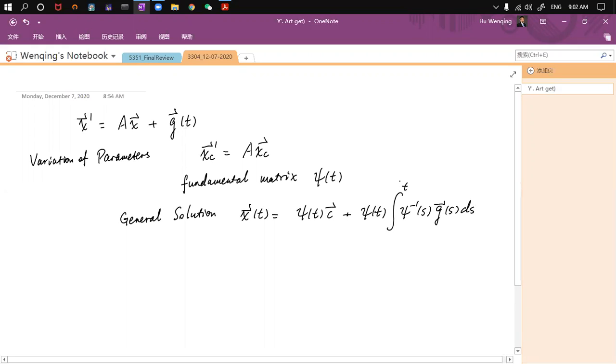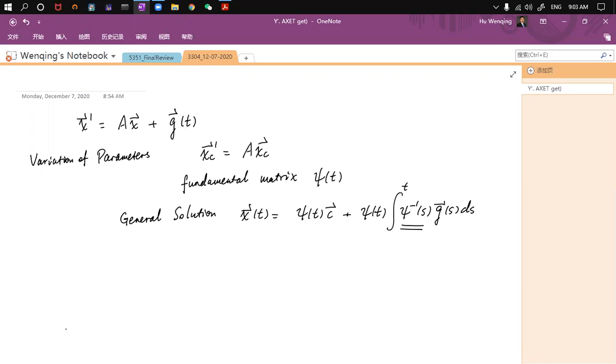That was what we discussed in last lecture about the variation of parameters. In particular, you have to calculate the inverse of psi, then integrate the matrix-vector multiplication, and then multiply by psi of t. So that's a nice formula for the non-homogeneous system.